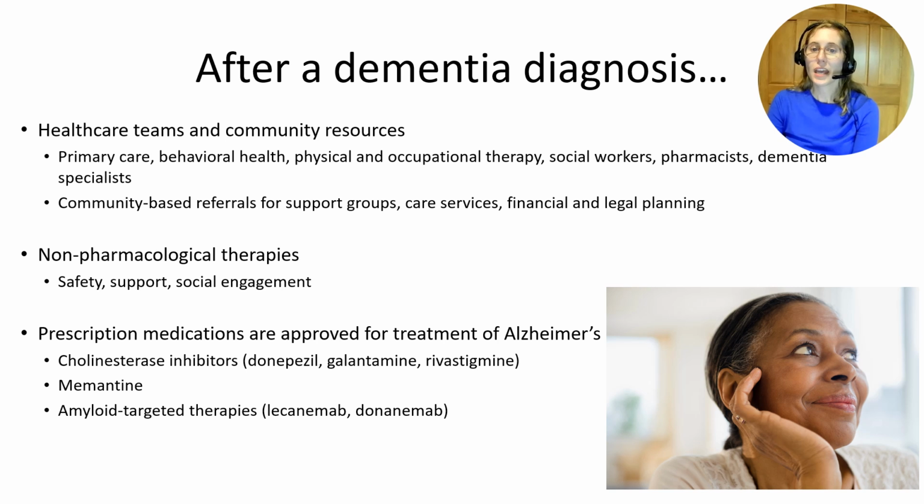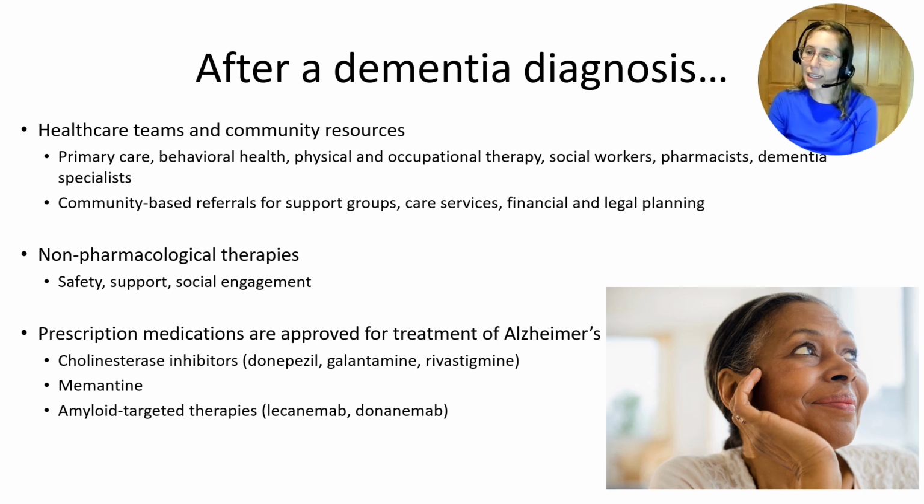Okay, so let's say you've gone through that list, those steps of making a dementia diagnosis, and you've made that dementia diagnosis. I won't go into a lot of detail here. It's really outside of the scope of this presentation, but I just want to mention a bit about treatment and just say that although there is no cure for dementia, there is a whole lot to be done after a dementia diagnosis.